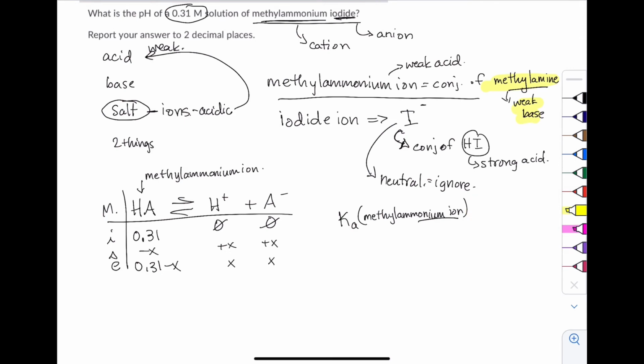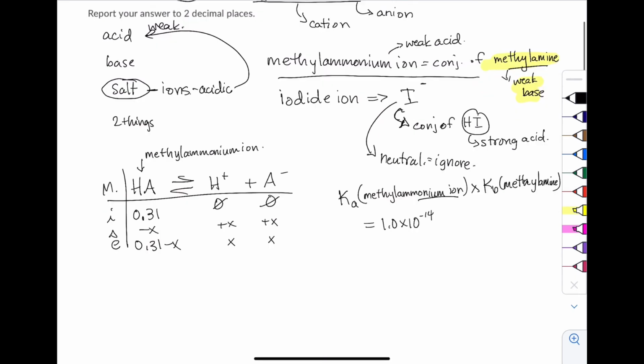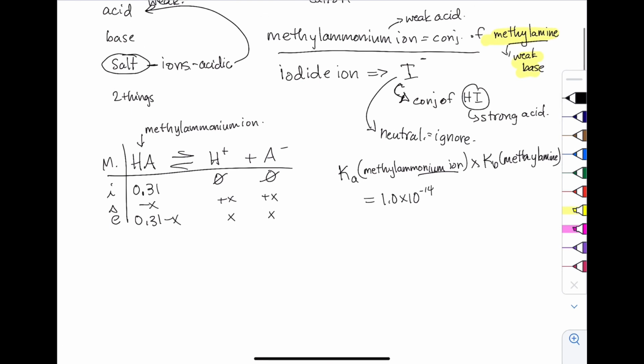What I know from my previous module is that the Ka for methyl ammonium ion times the Kb for methylamine, which are a conjugate pair, is equal to 1 times 10 to the minus 14. So I'll be able to calculate the Ka for the methyl ammonium ion by looking up the Kb for methylamine. So the Ka is equal to 1 times 10 to the minus 14 divided by that Kb for methylamine.